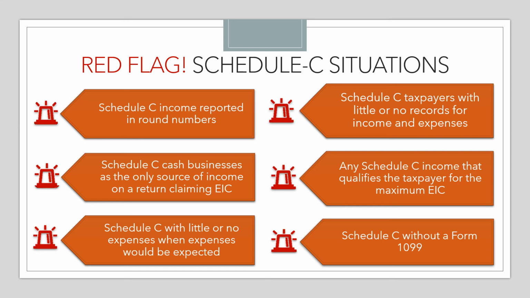So a Schedule C taxpayer, again, with little or no records for their income or expenses, to be honest, this isn't actually all that uncommon, and it doesn't always mean that somebody's trying to commit fraud. In our next lesson, we'll cover a little bit about how to help our taxpayers. We can help them with some minimal reconstruction.